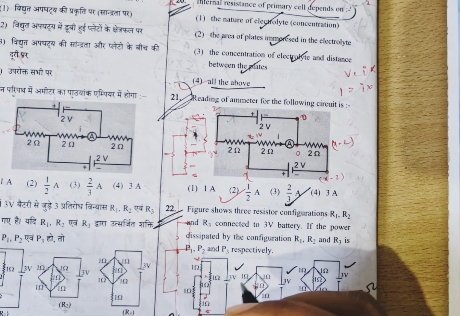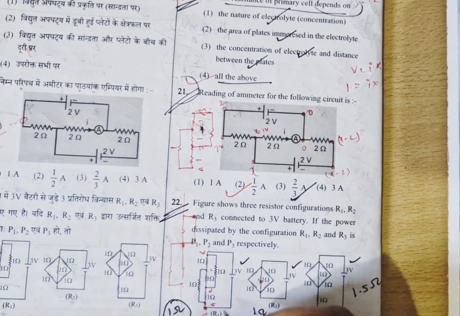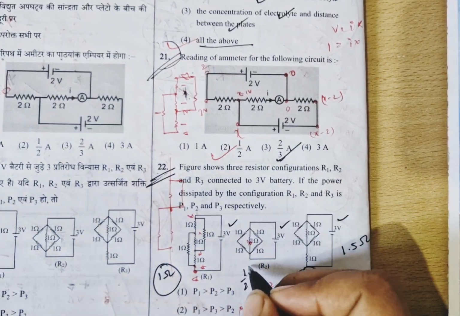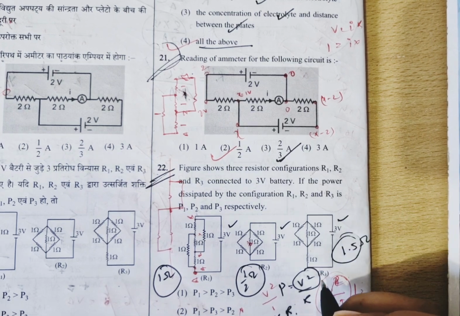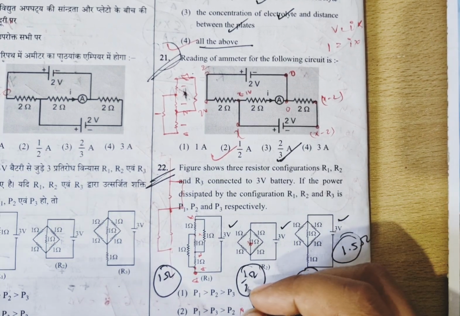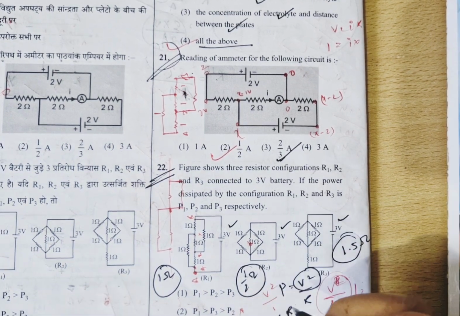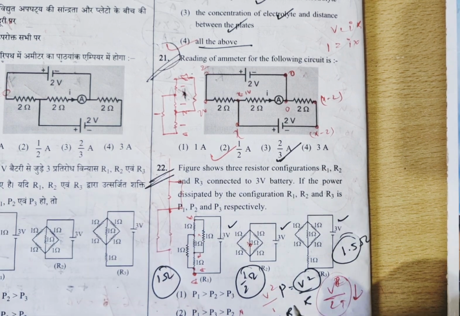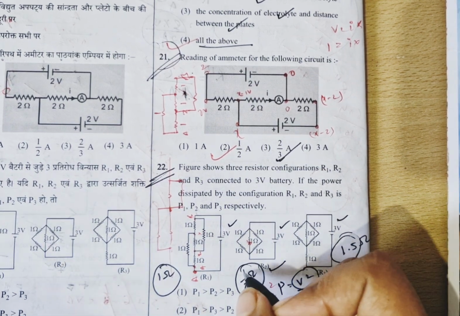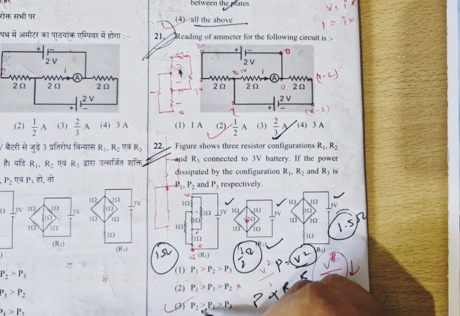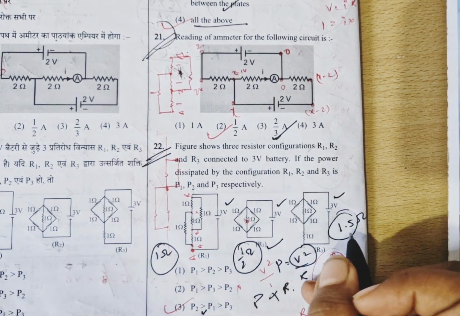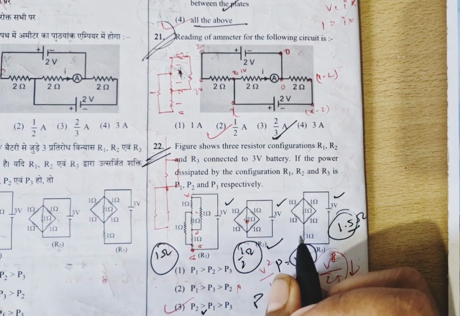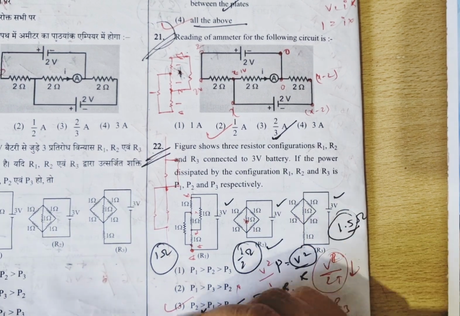So here the resistance comes out to be 1 ohm, and here it comes out to be half ohm, and here it comes to be 1.5 ohm. The one which has the least resistance will have the highest power consumption, which is R2, which is half ohm. So it will have the highest power consumption, which is P2, and the one which has the largest resistance will have the least power consumption, which is P3. So the answer will be the third option.